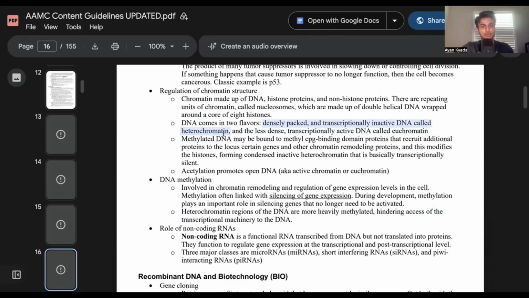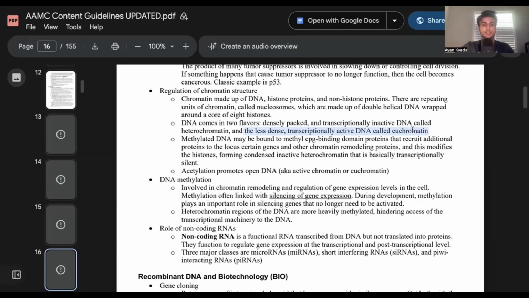And when it's in heterochromatin, it cannot be transcribed and translated into protein products. But when it's in its less dense transcriptionally active state, it's referred to as euchromatin, and this can be transcribed and translated into protein products. And remember, DNA doesn't either exist in heterochromatin or euchromatin. It switches depending upon the cellular needs.